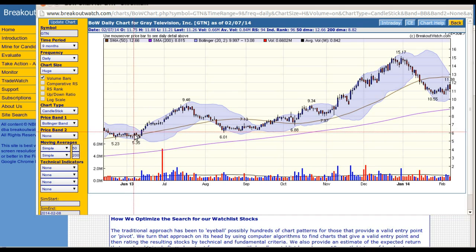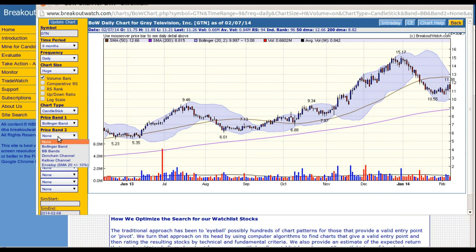So when there's periods of low volatility, the bands will be narrow. As volatility increases, the bands get wider. Once again here, the volatility, as you can see, has become much less, and so the bands have narrowed. Big move upwards here, and so volatility increased, and so therefore the bands widened.